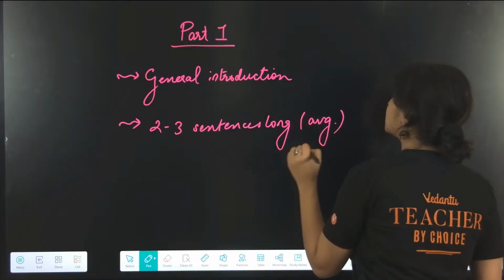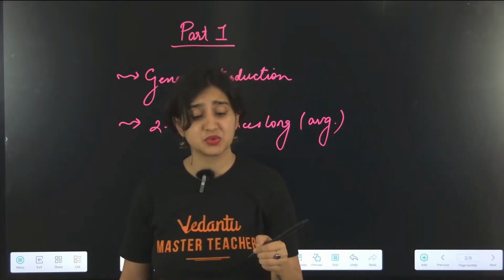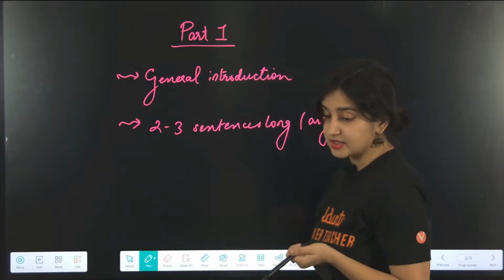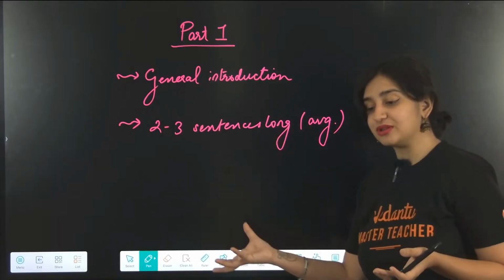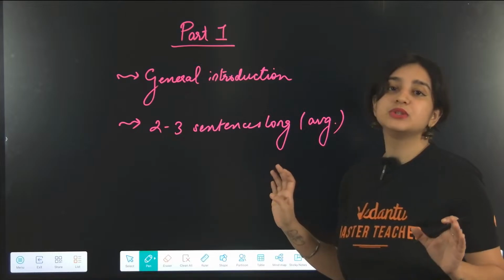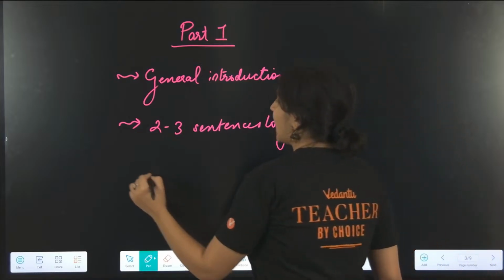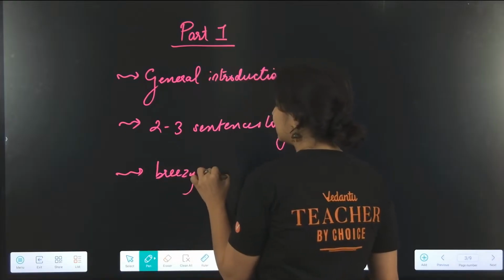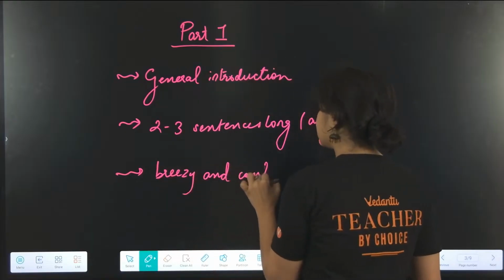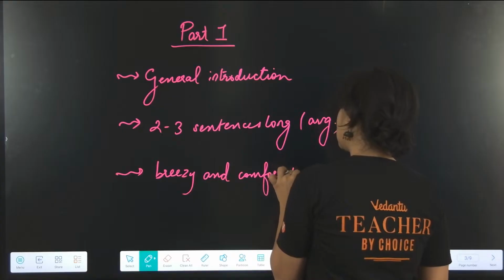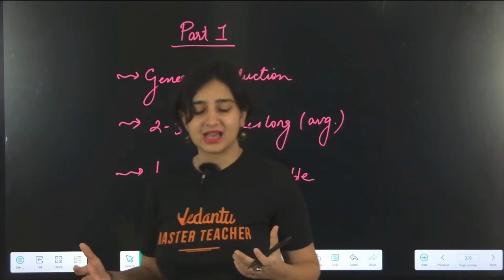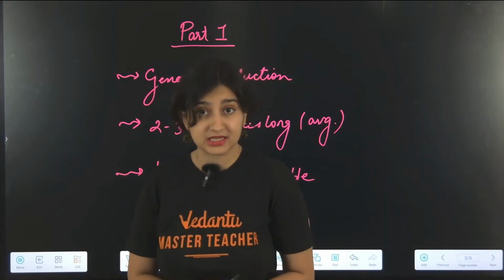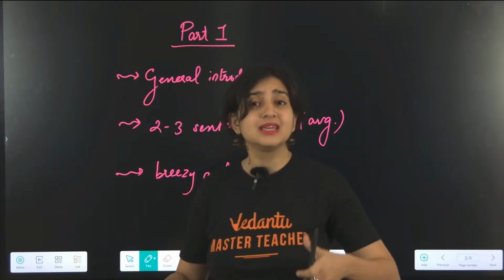So some questions will have shorter answers, some questions will have longer answers. Okay. So depending upon the question, your average should be 2 to 3 sentences. And you can keep this a little breezy and comfortable. Because these are all general questions about your life, you don't have to act too formal here. You can keep it breezy, you can keep it chill.